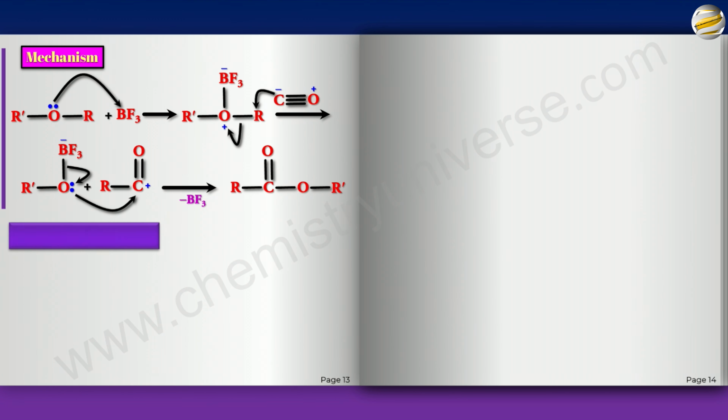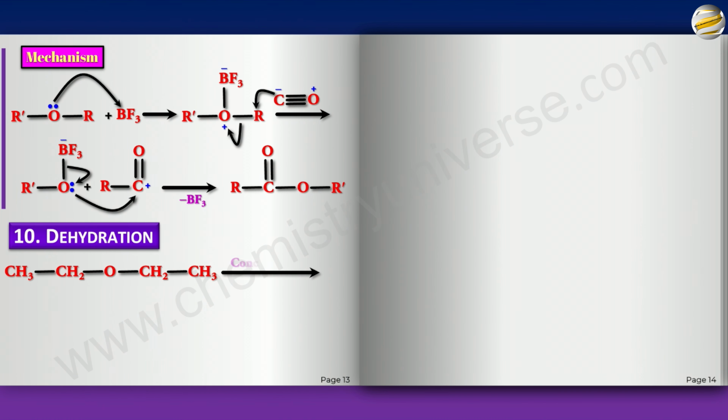Then comes dehydration. Now ethers will undergo dehydration with concentrated sulfuric acid. If you remember when we did, I think it was alcohols, where we defined temperatures when this will happen. So what happens is it forms an alkene. Now how does it form an alkene? It's very simple.